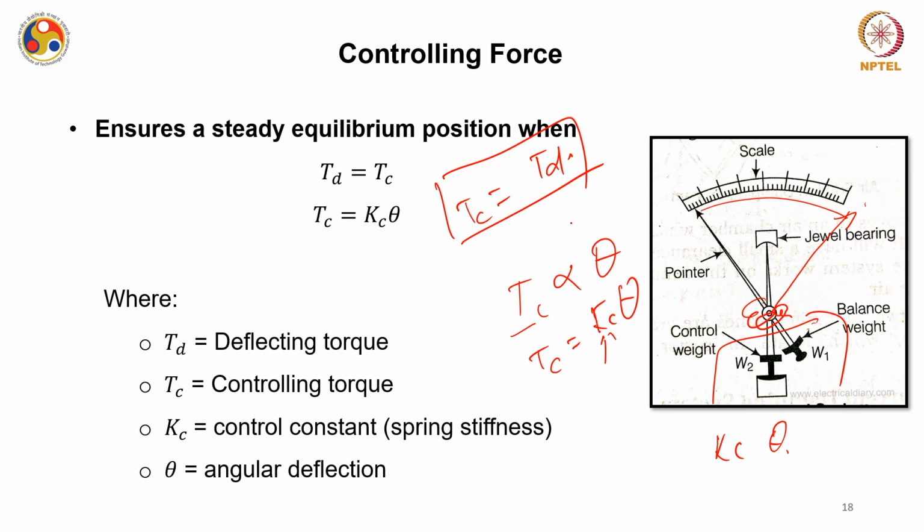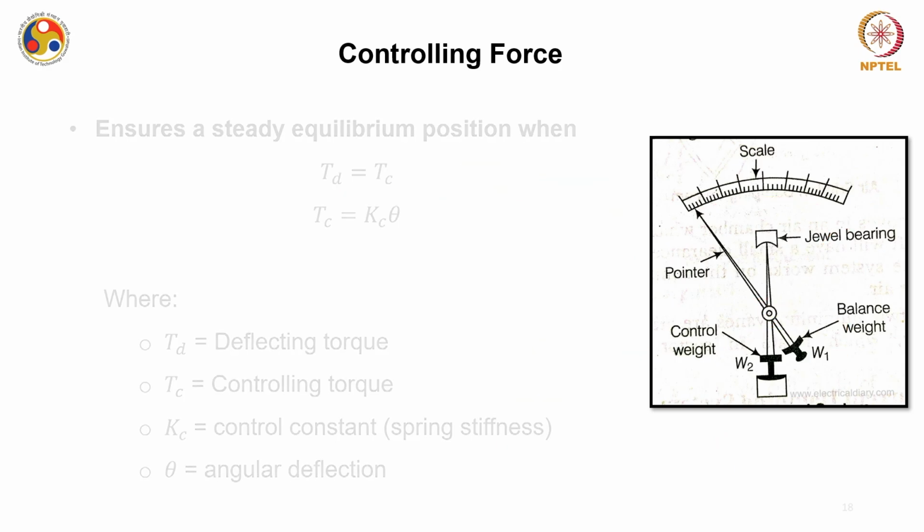At this position, Tc is equal to TD, and this equation will ensure the steady equilibrium position. We will be using this equation regularly when we talk about the different analog instruments.